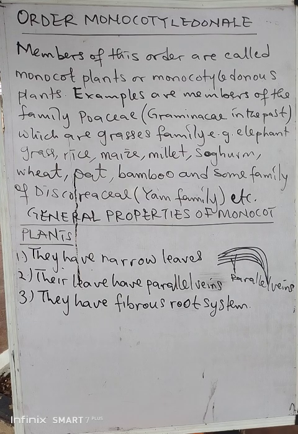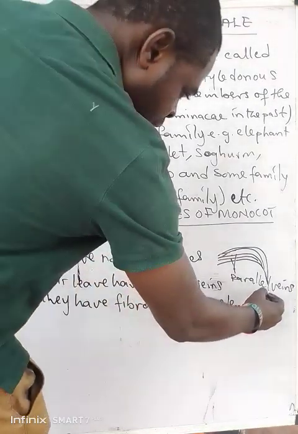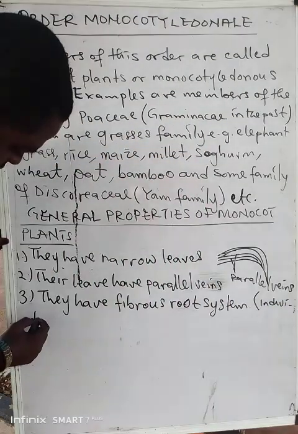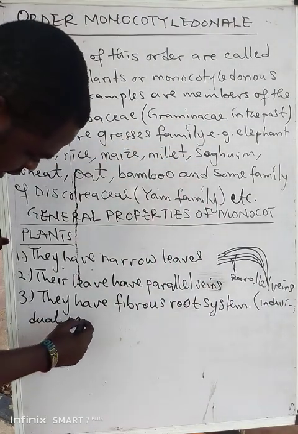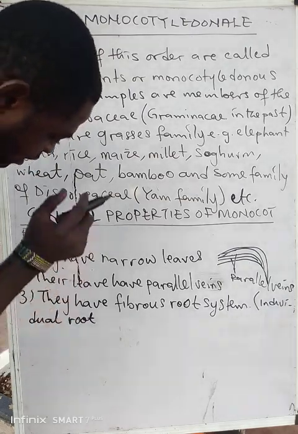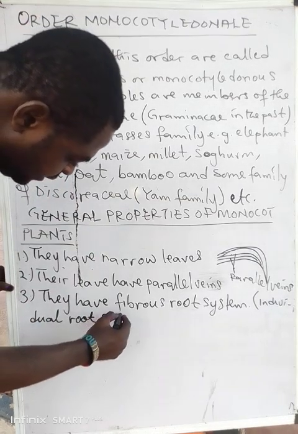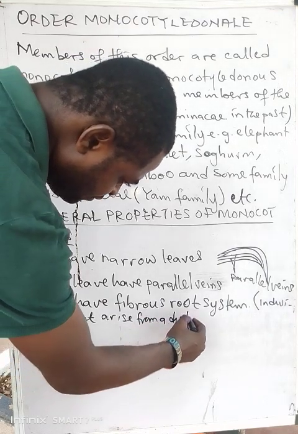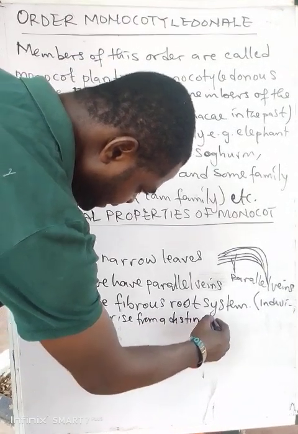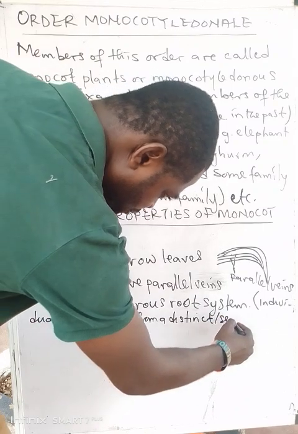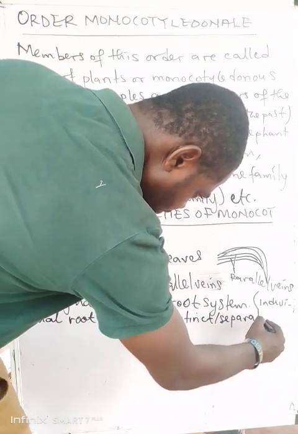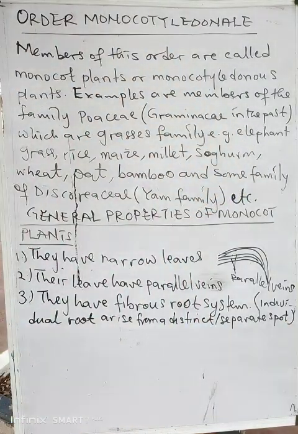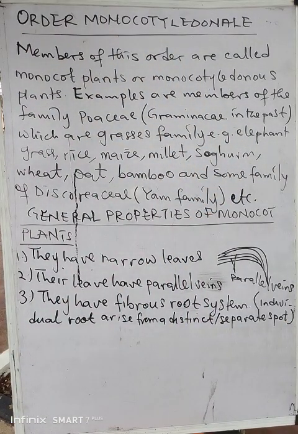Fibrous root system in the sense that individual roots arise from distinct, that is separate, spots. So, different spots, separate spots.